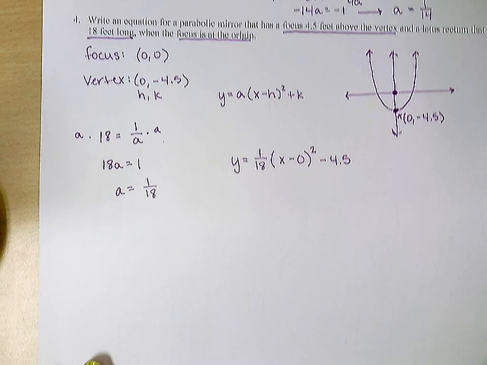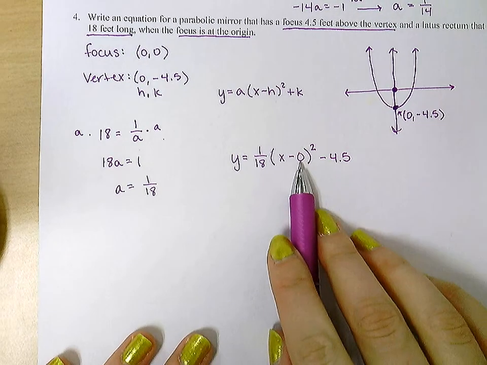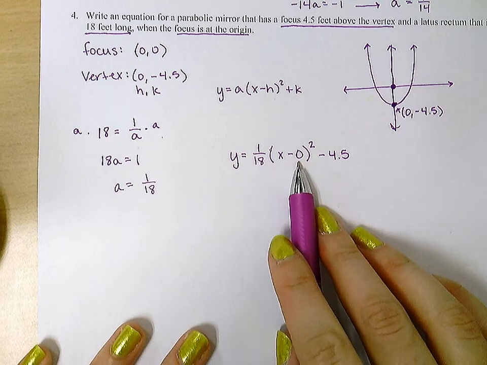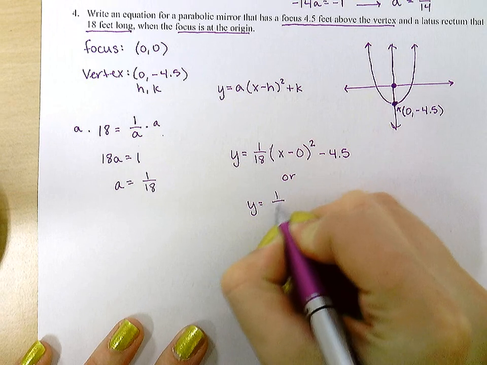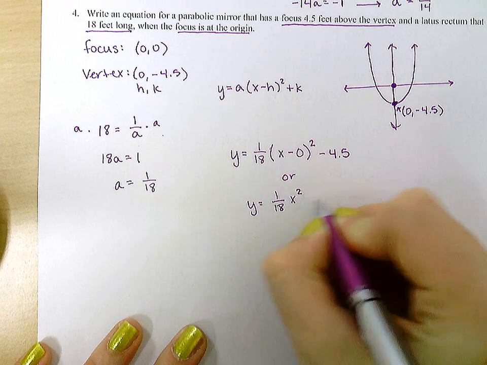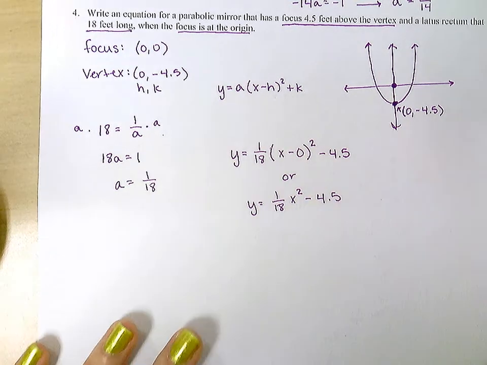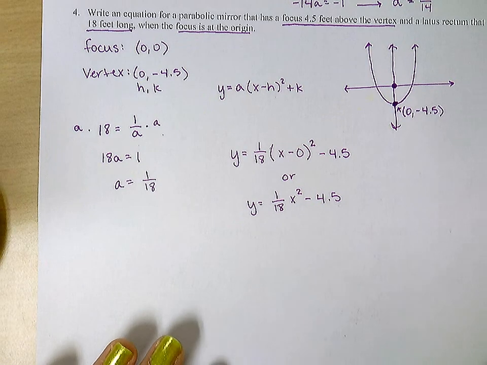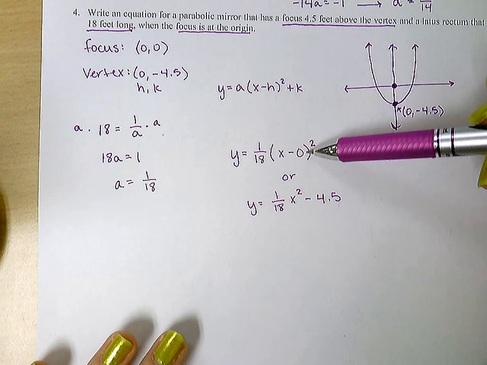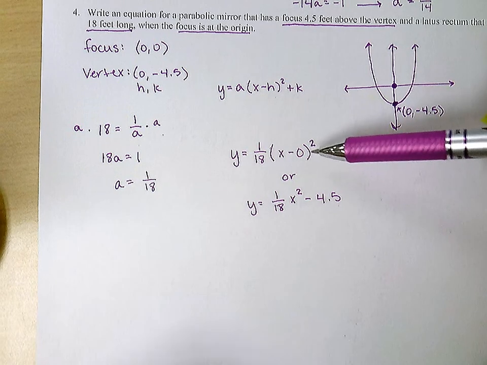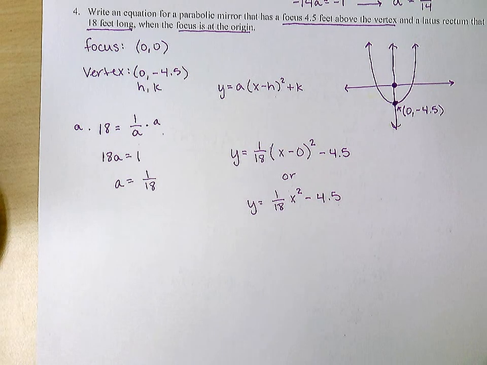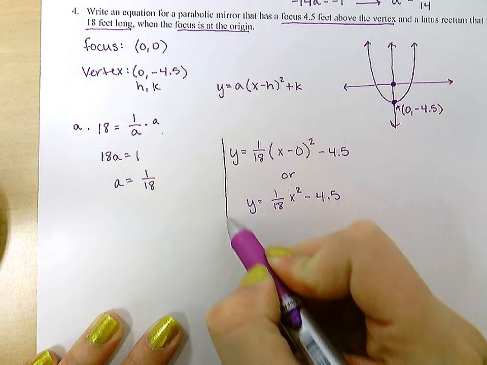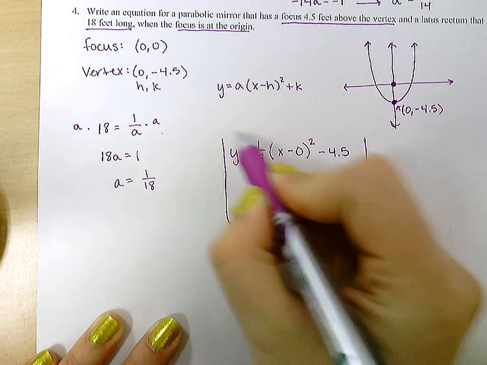You can write it this way, or whenever you have this 0 value for h, you can also write it as y equals 1 over 18 x squared minus 4.5. Whenever you have a 0 value in those parentheses, you can just get rid of it. Once you FOIL it out, you're just going to end up with x squared anyways. So either or for that equation there.